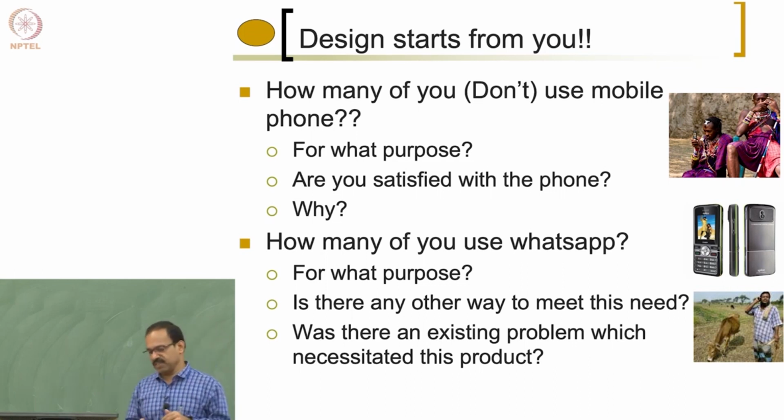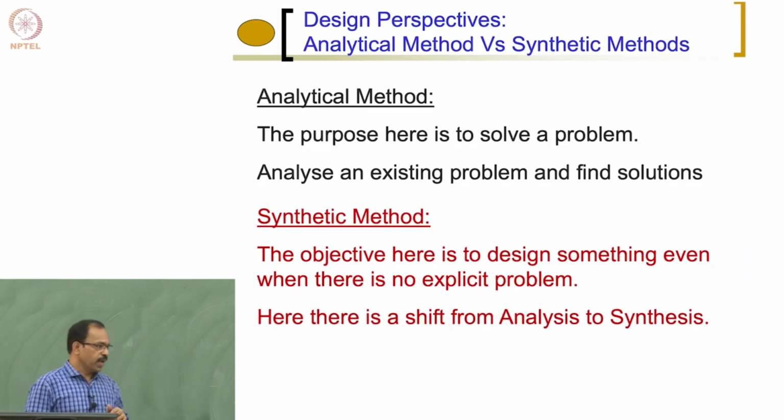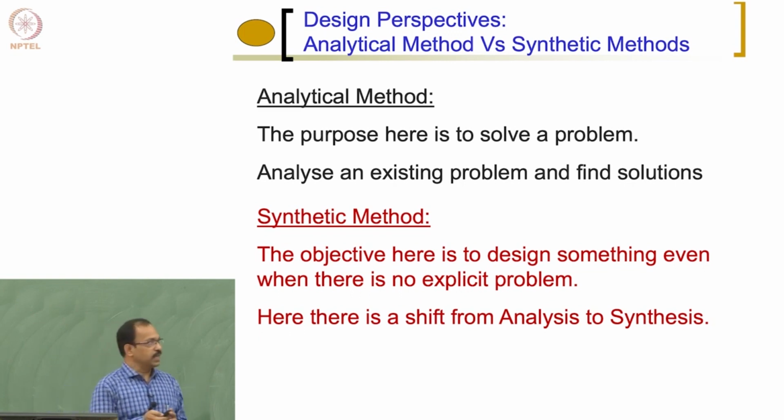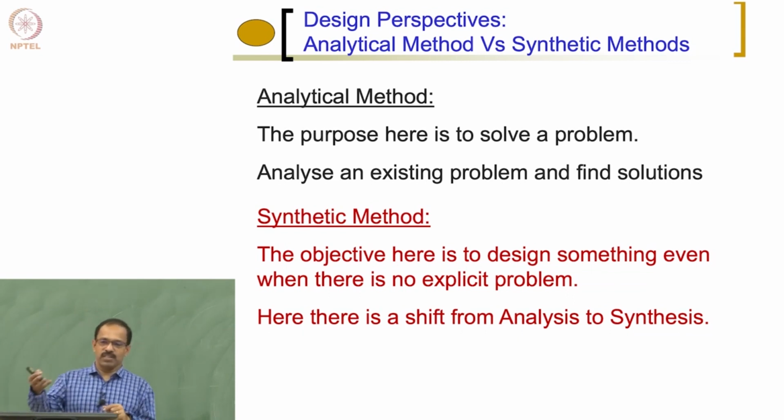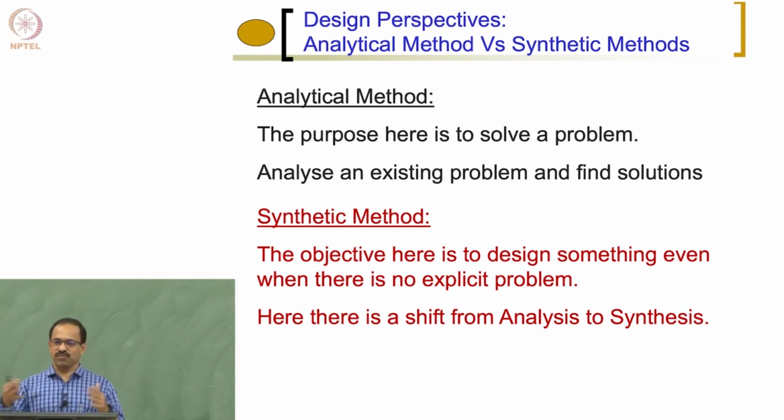So these are the two ways in which a product comes into the market, and we call them the analytical method and the synthetic method. Okay, so the analytic method is basically, you have a problem, you want to solve the problem. Say the phone is very heavy, you want a lighter phone, or the memory is not sufficient, or the speed is not sufficient.